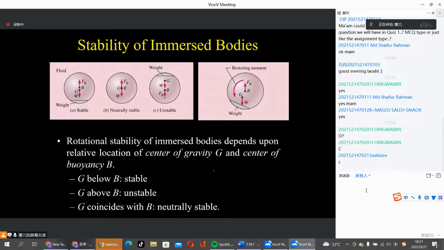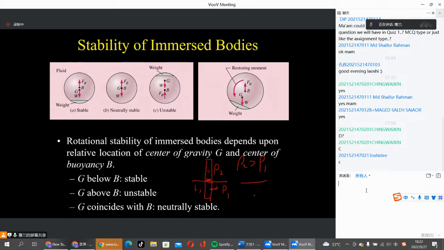We can easily explain this. If you have a column, this part has density Z1, and this part has density Z2. Z1 is not equal to Z2. And we know if this is put into water and Z2 is larger than Z1, definitely this one will be unstable, right?